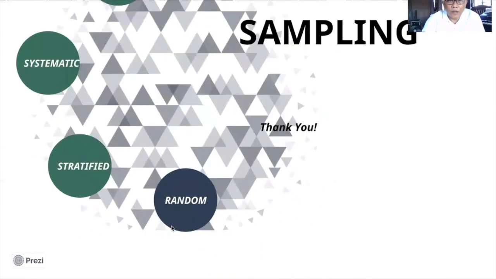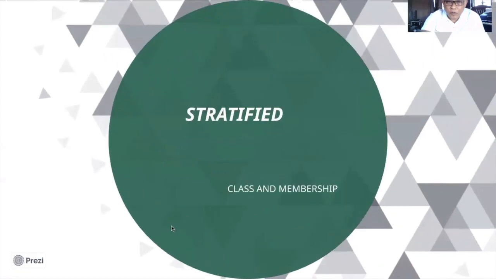Next is sampling that could also be done through stratified techniques. And stratification implies that there's a class or categories and that there are members in the class. So for instance, if your study is about the graduate school students' attitudes towards completing their degrees, you have to do a stratification by classifying your respondents into different programs.